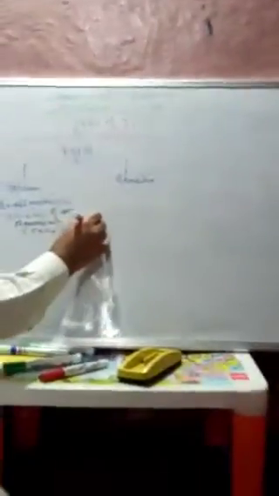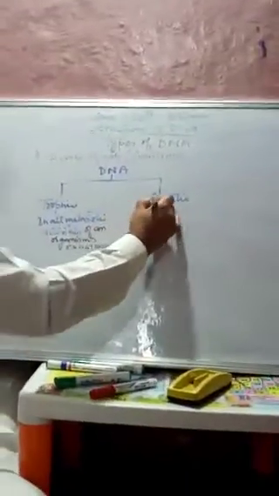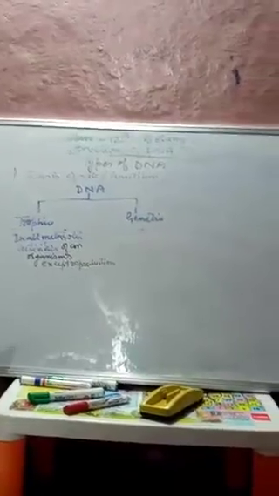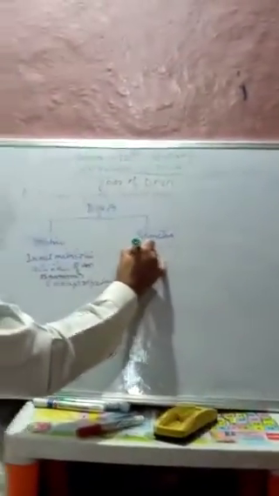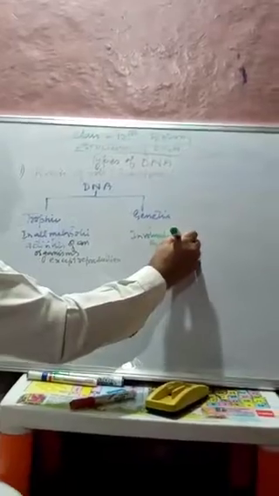While the genetic DNA is that type of DNA which is involved only in reproduction.